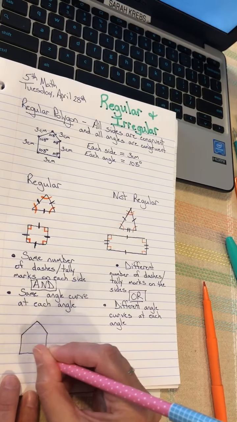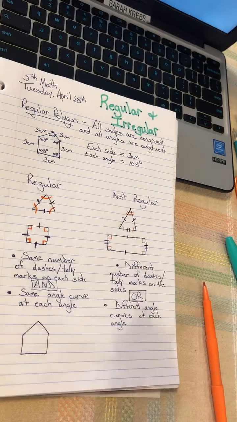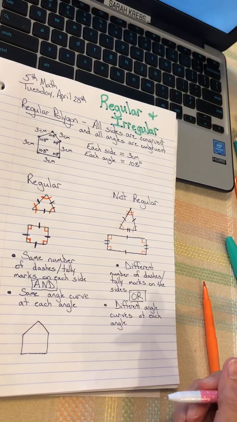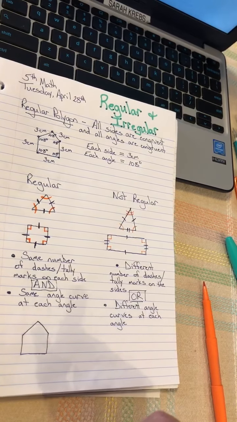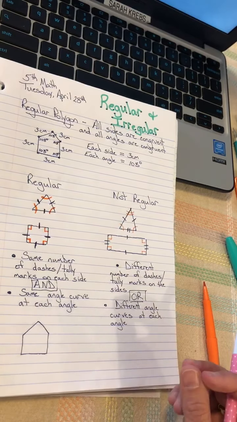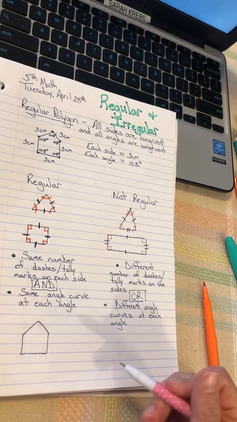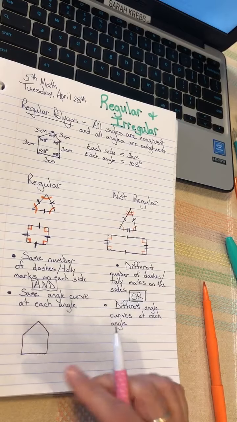It's very similar to the pentagon that was at the top of the page, but instead of writing numbers for the length of the sides or the measure of the angles, we're going to use the dashes or tally marks and the curves.